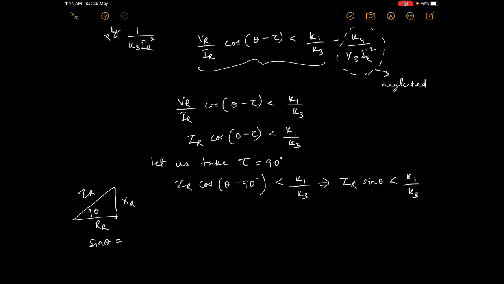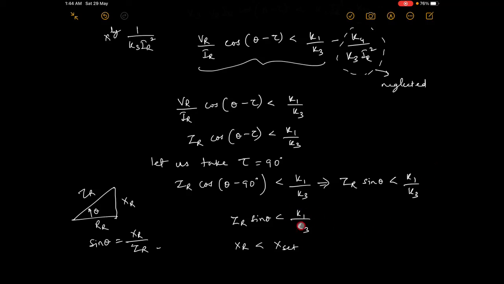It is nothing but opposite by hypotenuse, XR by ZR. If we substitute sin theta in this equation, ZR cancels, so it becomes XR less than, we can call it X set.